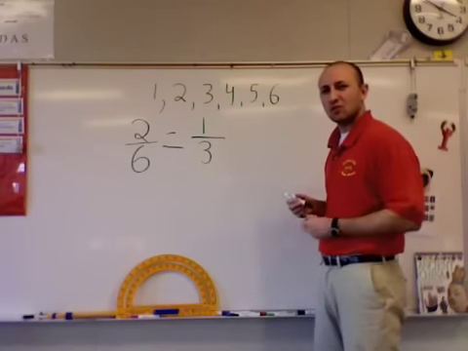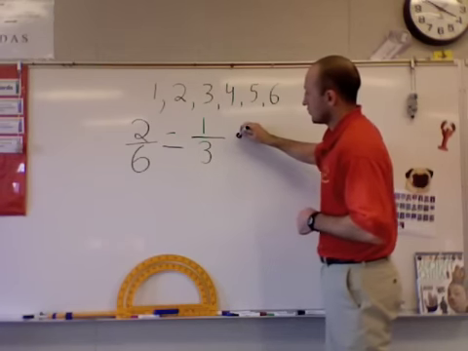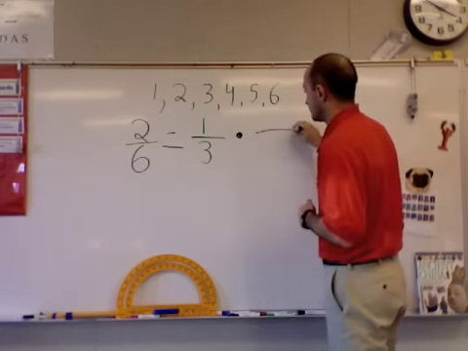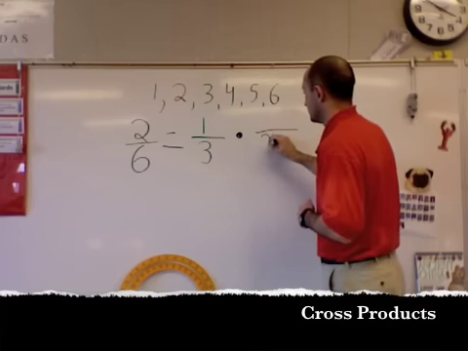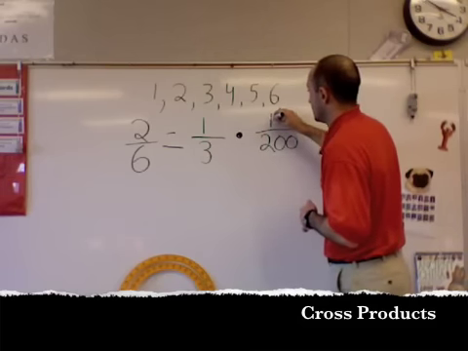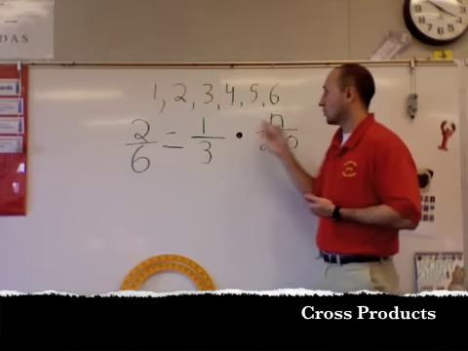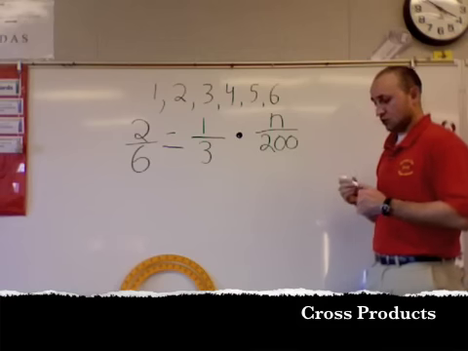Well, instead of actually having to roll it 200 times, we can actually use this formula to do that. What I do is I multiply it by the number of times I'm going to roll, 200, and then we'll use the letter n as a variable because we want to know how many times will a 2 or 4 come out if I roll it 200 times.